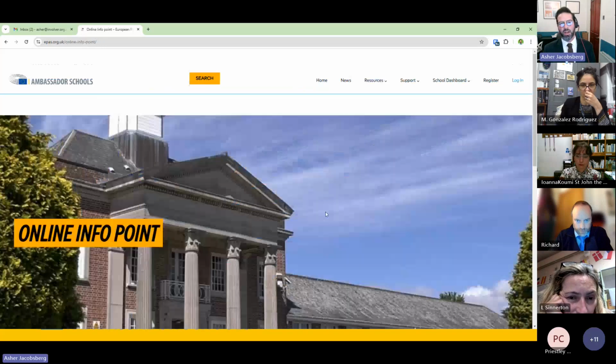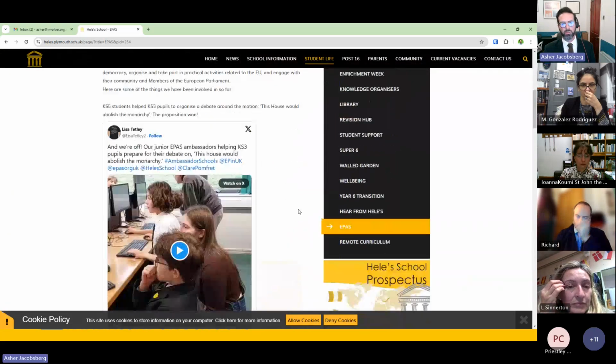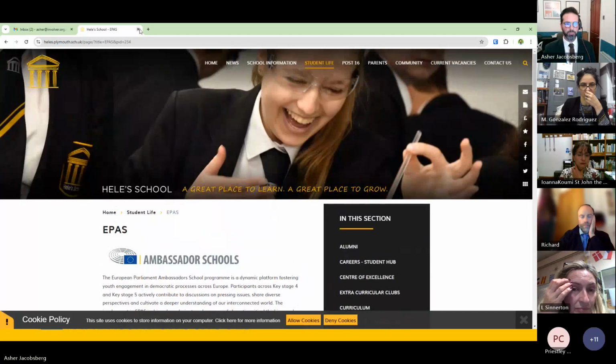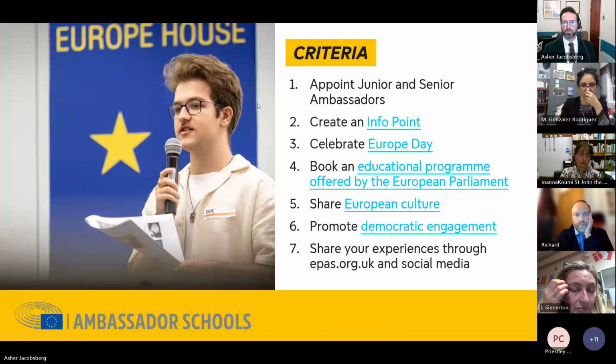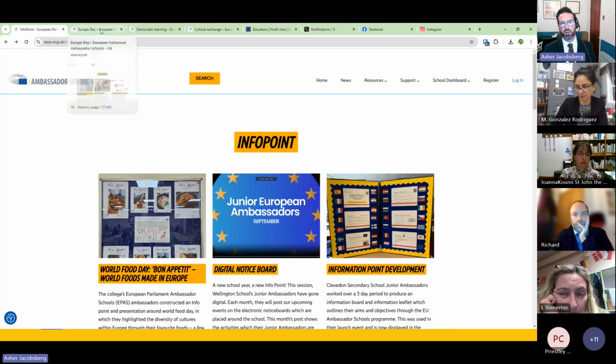They also have on their website the information about their ambassador schools activities. So epass.org.uk is a good place to go to look for inspiration on any of these. So that was the info point.